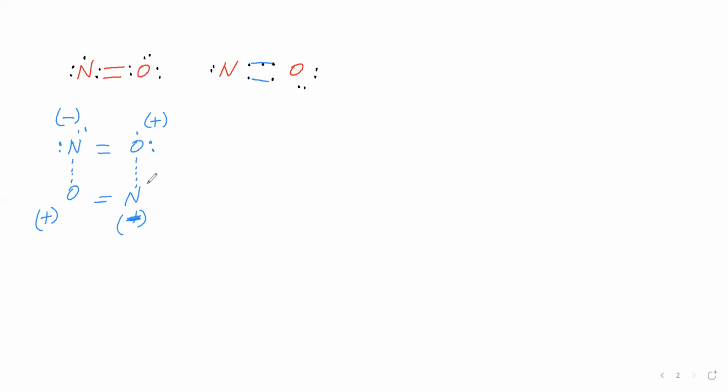Therefore, NO is diamagnetic in a liquid. This dimer we can write as N2O2. So NO in the vapor state is paramagnetic due to the presence of an unpaired electron or odd electron bond. NO in the liquid state is diamagnetic because of the dimer, that is N2O2.